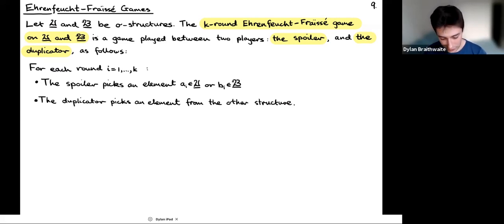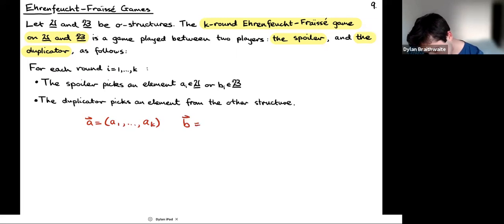After k rounds are played, we end up with tuples of elements from each structure, like A1 through AK, and you can imagine these tuples generating a substructure of the corresponding A and B.